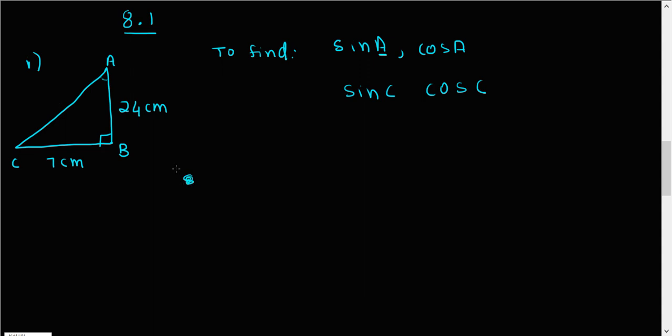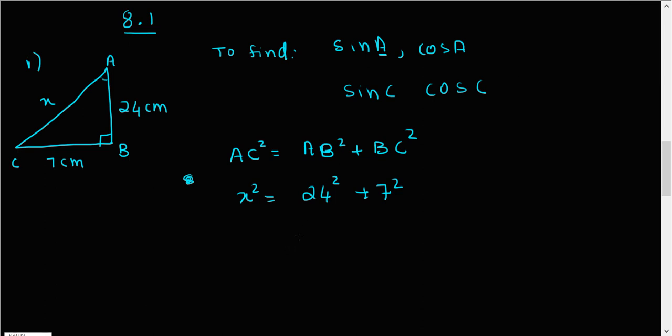So Pythagoras theorem is what? The square of the hypotenuse is equal to the sum of the squares of the other two sides. So it is AB square plus BC square. So can I have this as x? So x square is equal to 24 square plus 7 square.